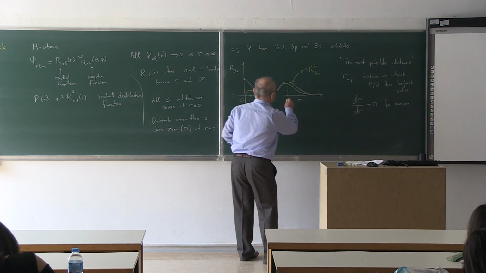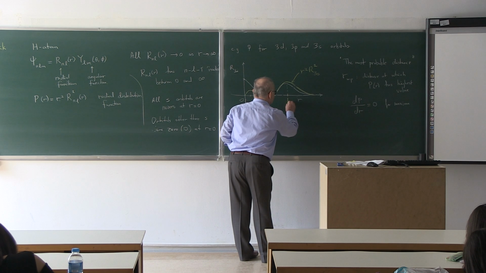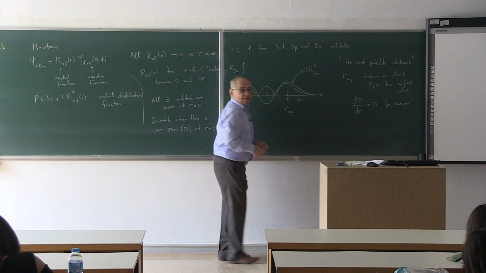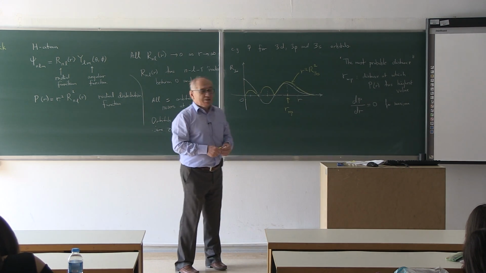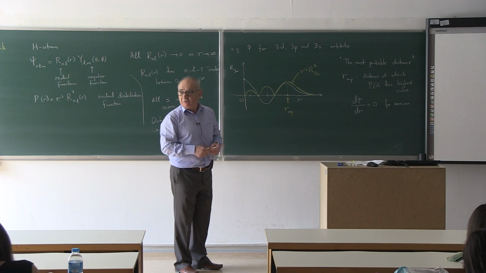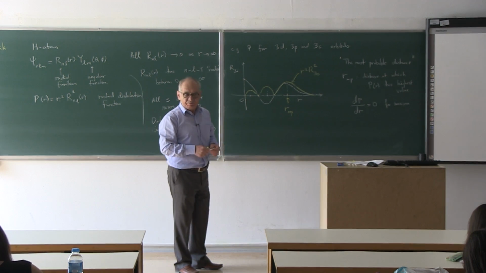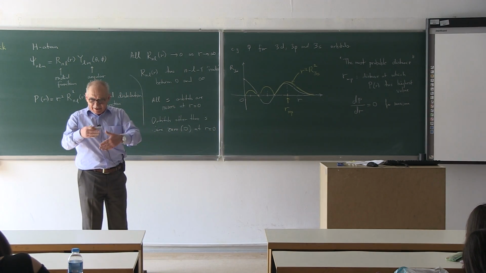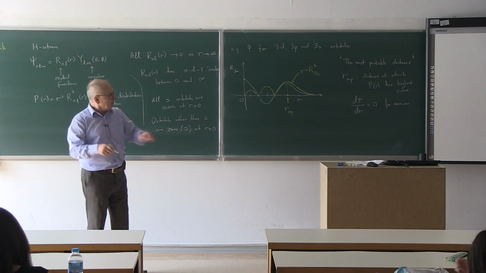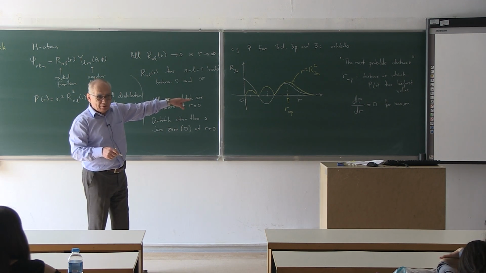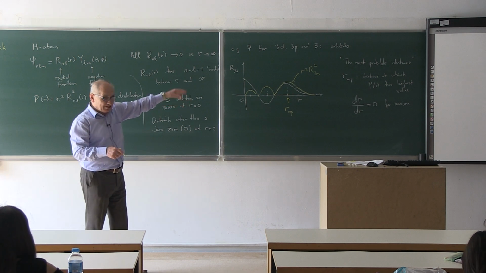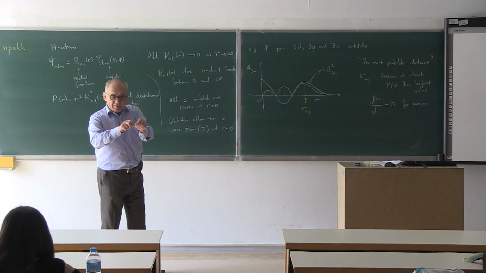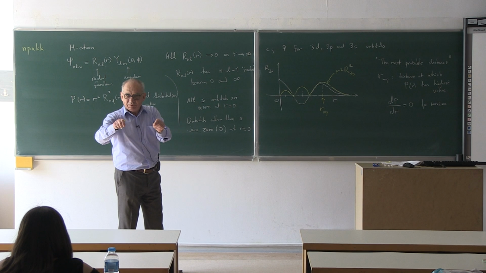So, this point is the most probable distance of the electron from the nucleus. So, the mathematical procedure is to use the condition for maximum and minimum: take the derivative explicitly with respect to r, set it equal to 0, and then find r values.